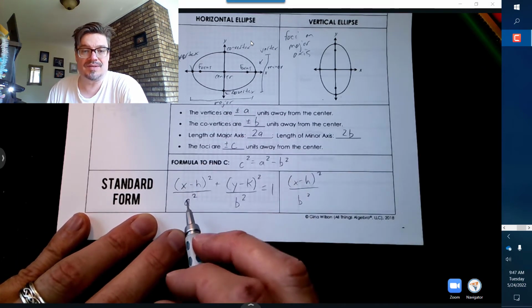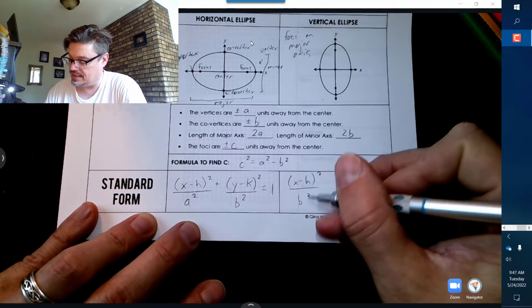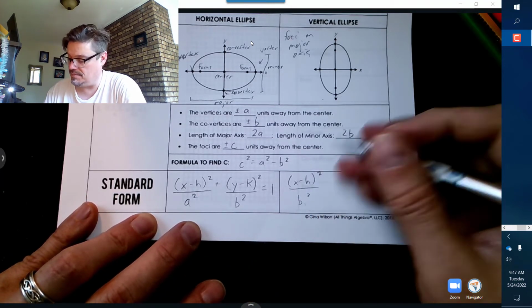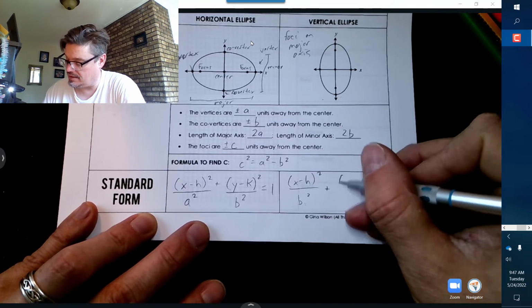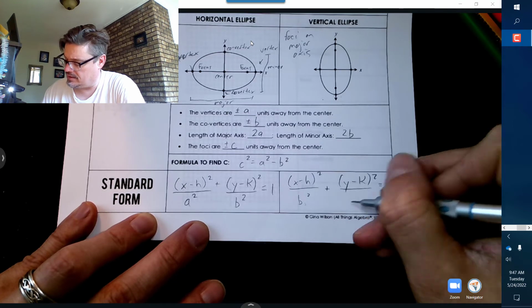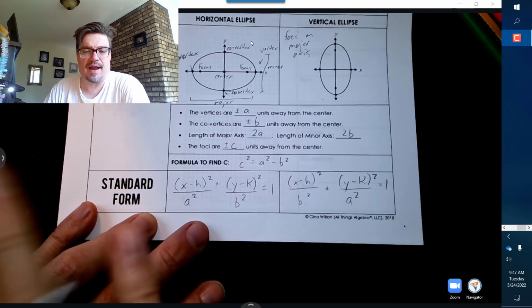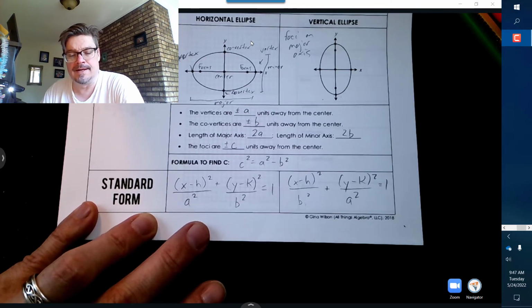So a should always be the larger number. So if the x has a smaller number, then that has to be b. But notice that we've pretty much got the same form here, almost as a circle, right? It's just slightly different because of the fractions, and it equals 1.